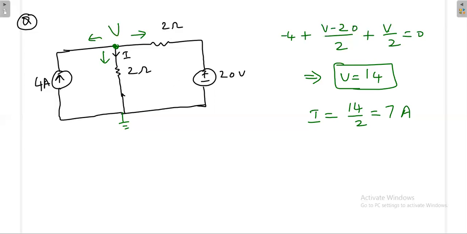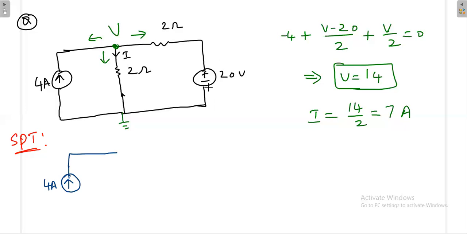Now use the superposition theorem. What is the superposition theorem telling? When you activate one source, you deactivate the other source. First I am going to use only the current source, so I have to remove the effect of the voltage source.